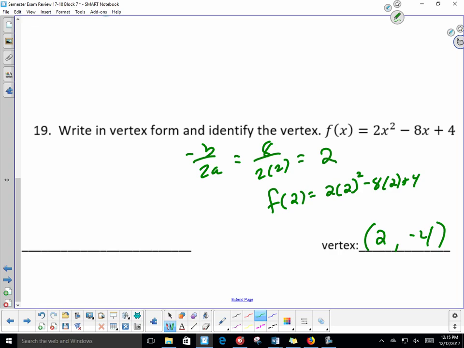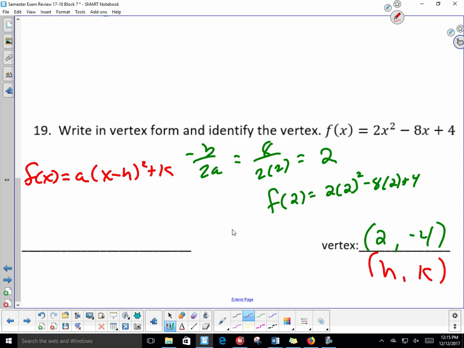So that's my vertex. Then I'm going to go back and remember that the formula for vertex form is f of x equals a times (x minus h) squared plus k. This vertex is my h and my k.